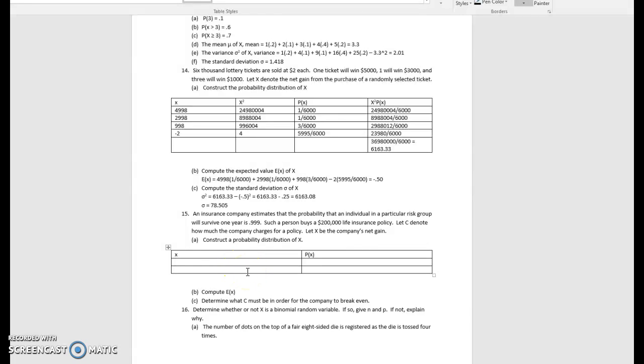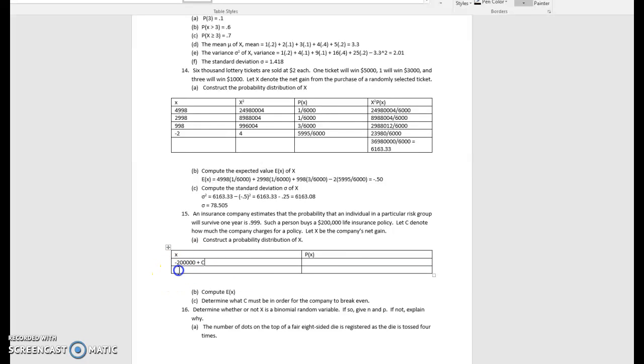Let's suppose that the person dies. If the person dies, the company is out $200,000, but they're not out a total of $200,000 because they are going to get whatever that premium is for that life insurance policy. So they're down $200,000, but they get back whatever that premium amount is for the policy.